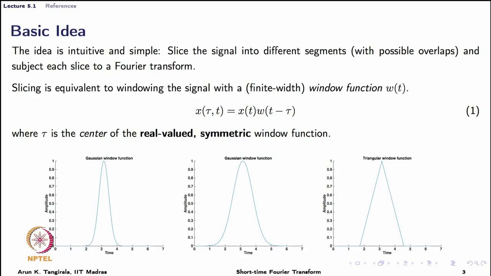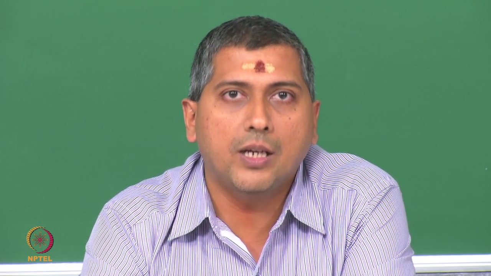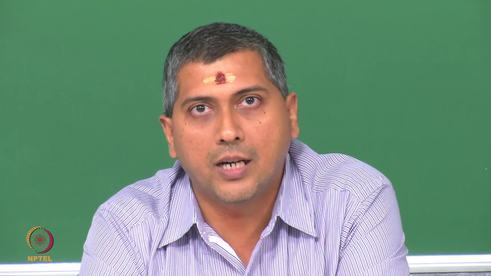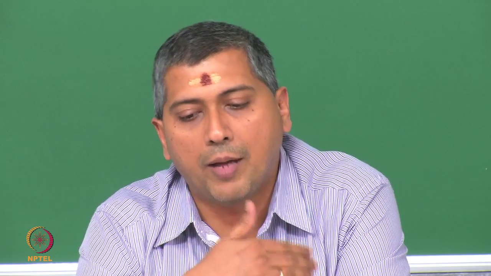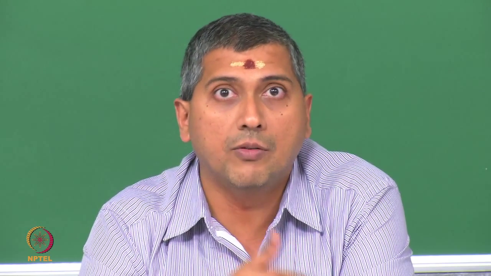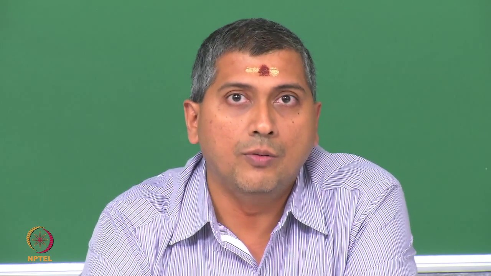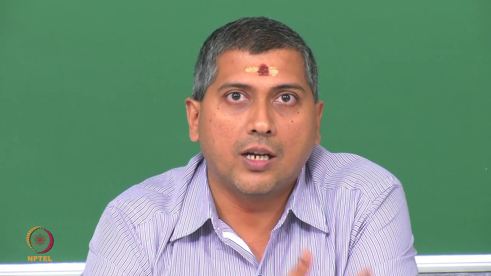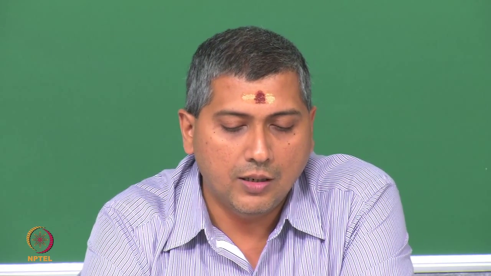There is a separate lecture which will talk about the practical aspects of the short time Fourier transform, wherein we will also talk about the discrete time short time Fourier transform. So, this and the next lecture will primarily be theoretical, but of course, give us lots of insights into how the short time Fourier transform behaves for different windows and different signals.